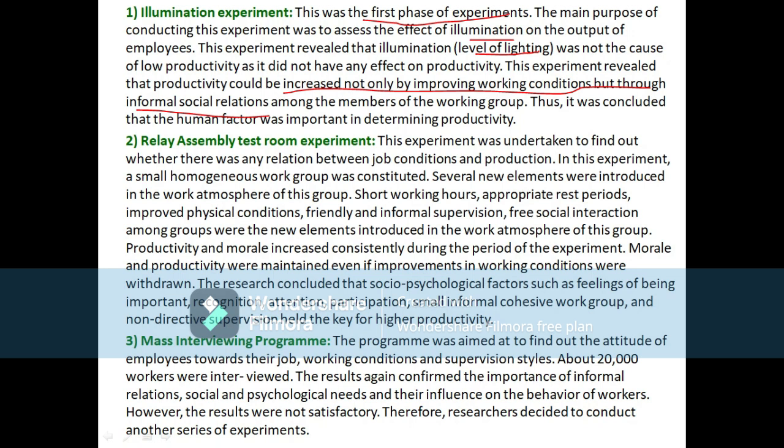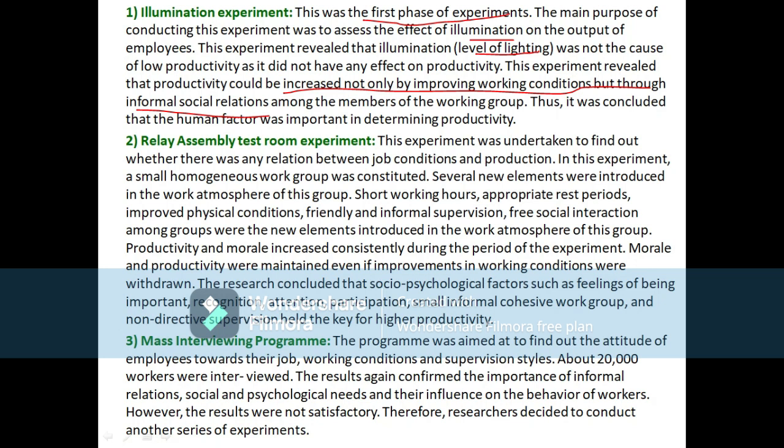Here, what experiment was conducted is that they grouped 6 women and placed them in one separate room, where they were going to work. Light is provided, and the experiment tested that if more lighting facilities are given, how would the productivity be? Do they produce more units or not? Or if the lighting facility was decreased, how is the productivity?